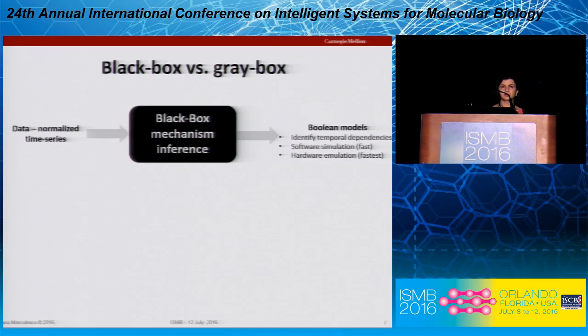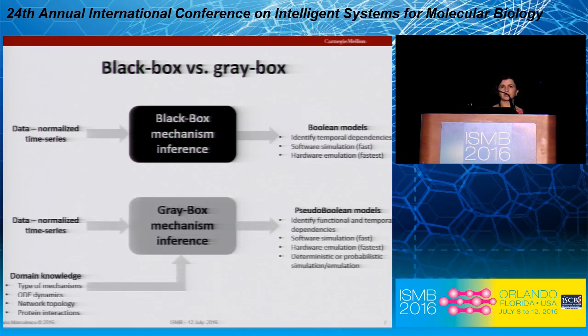There's an alternative approach in which you can do gray box mechanism inference, in which case you do have access to some sort of domain knowledge. So you might know the type of mechanisms that are involved. You have information about the ODE dynamics, the network topology, or the interactions.